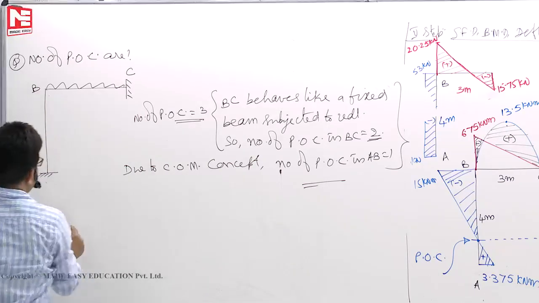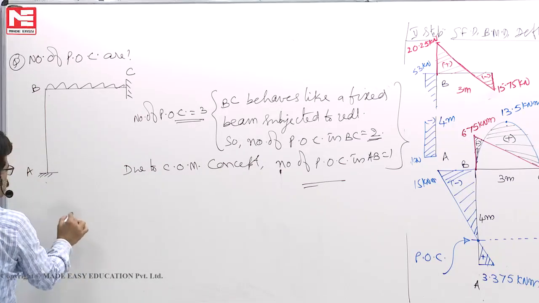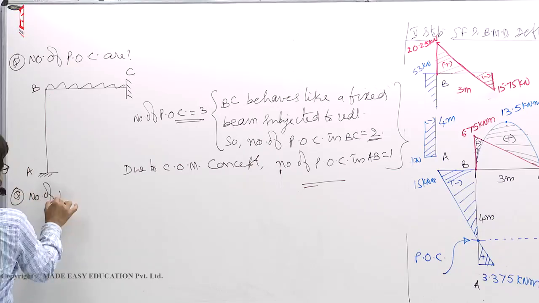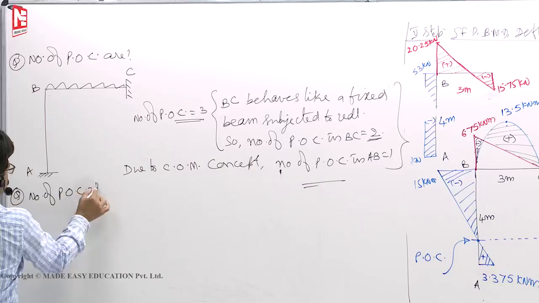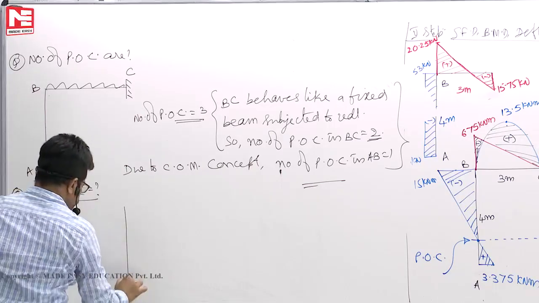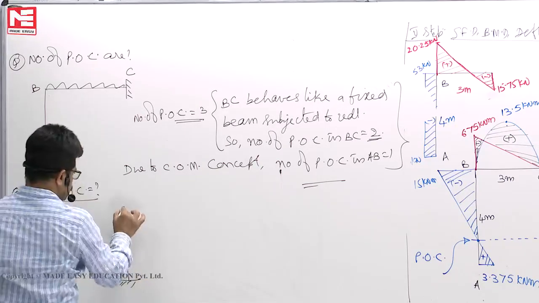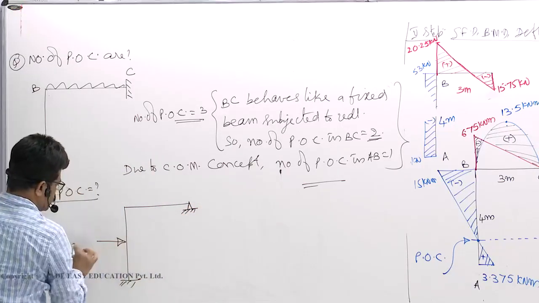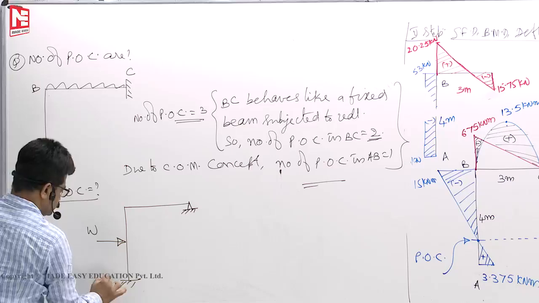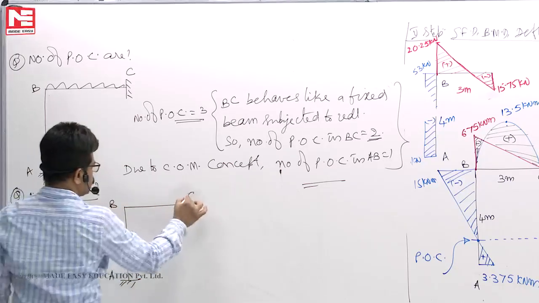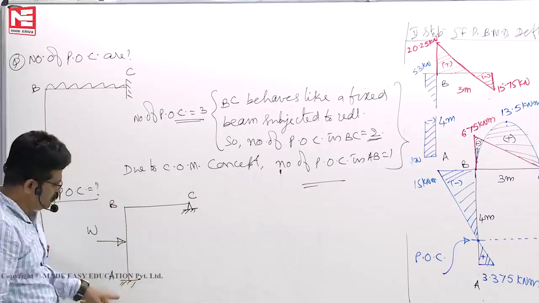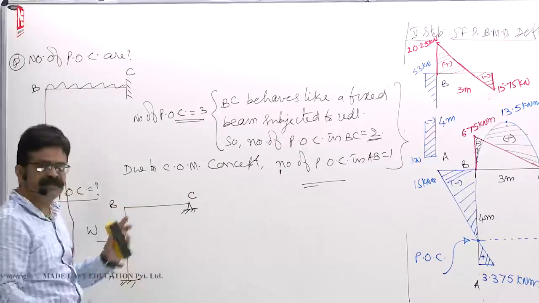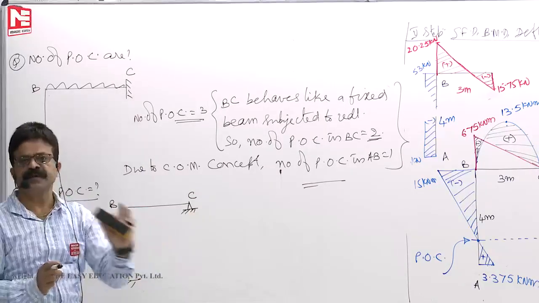Now you see, next question we will take it. Number of POC. Assume that now you have a frame like this, subjected to some point load W, A, B, C. AB member, because B is a rigid joint, behaves like a fixed beam subjected to point load.